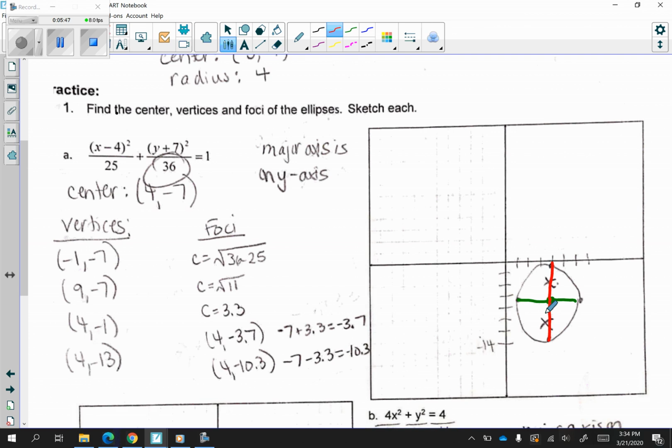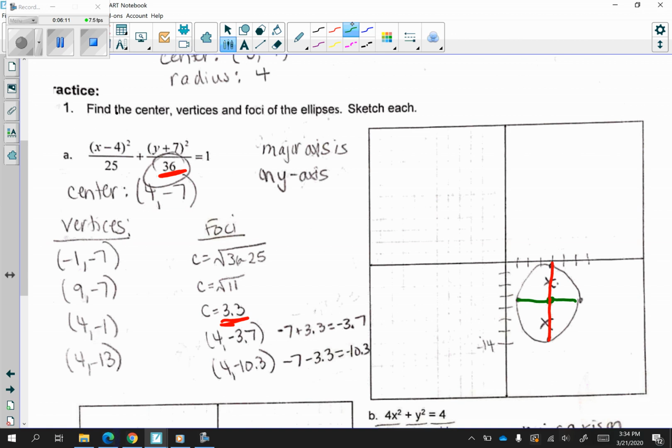Then what I'm going to do is, in order to find my foci, I take the square root of 36 minus 25. Now notice, remember the big number goes first. So 36 minus 25 gives me radical 11, which I changed to a decimal of 3.3. Now, because my major axis is on the y-axis going up and down, my y value is going to change.